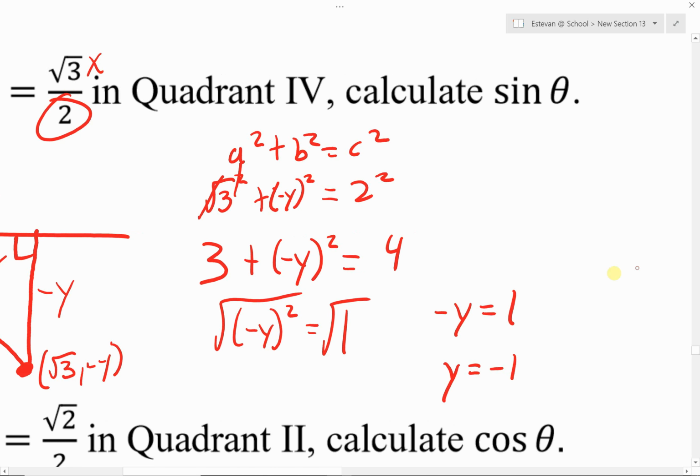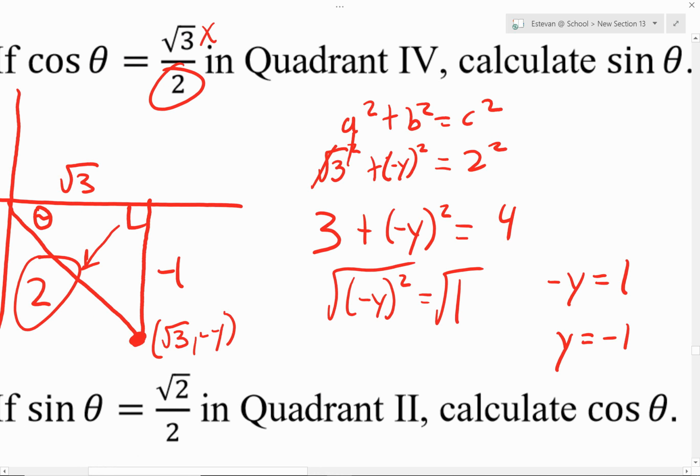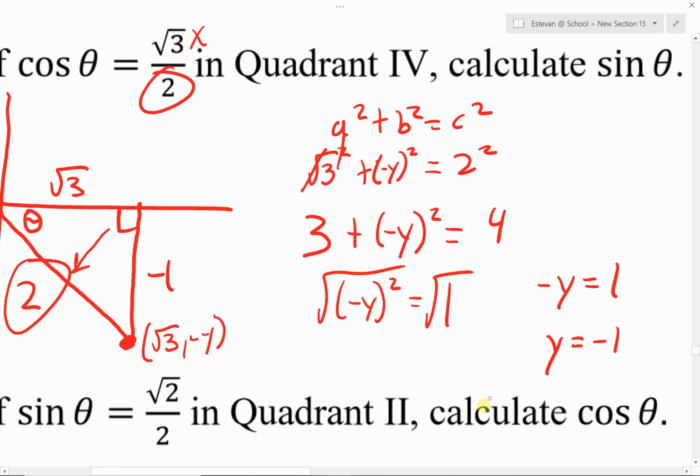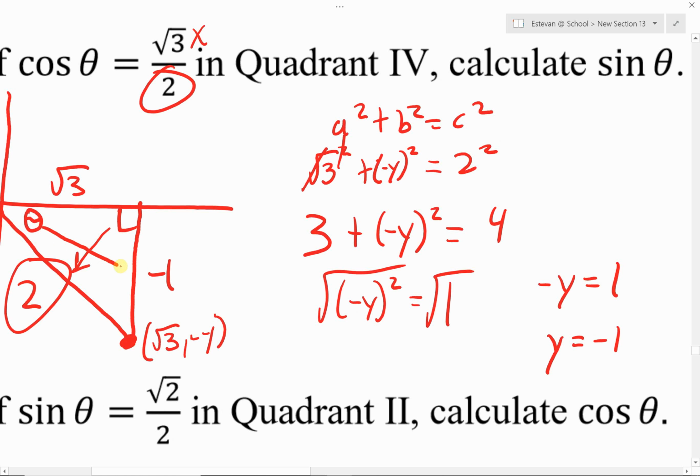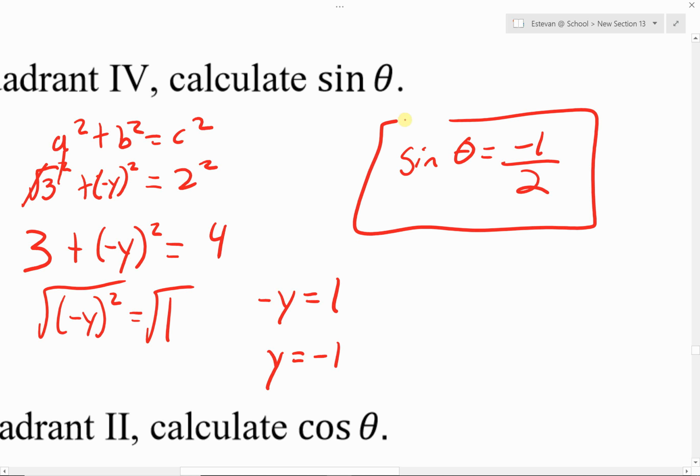We need to find sine though, so remember sine is opposite over your hypotenuse. So sine of theta is equal to negative 1 over my hypotenuse, which is 2.